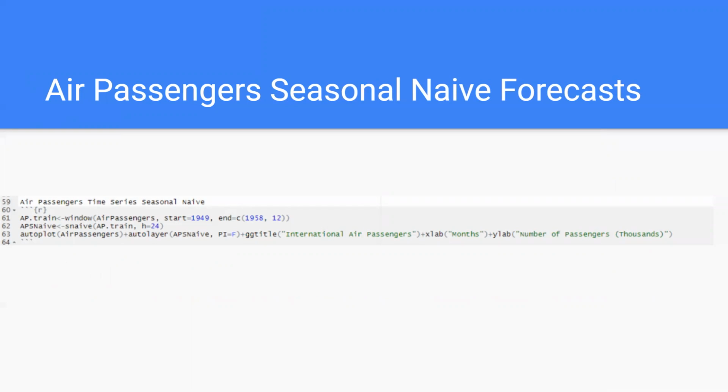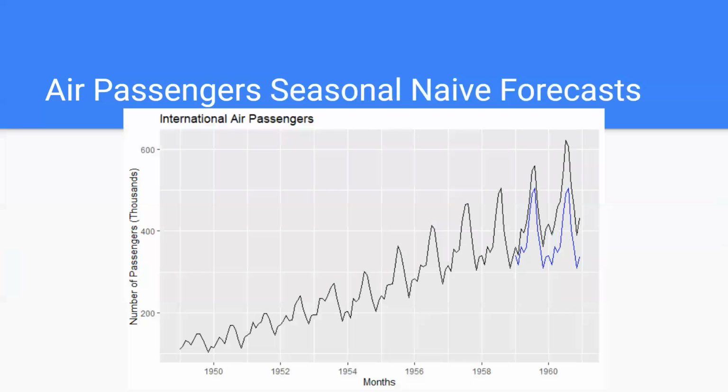To get the seasonal naive forecast, we have to use the snaive command, and we set h equal to 24, since that's the number of forecasting periods we want. We don't have to set up a time series, since this example is already set up as a time series in R. This graph displays the time series and the forecasts for those 24 periods.